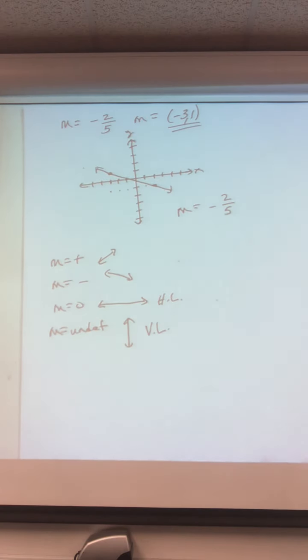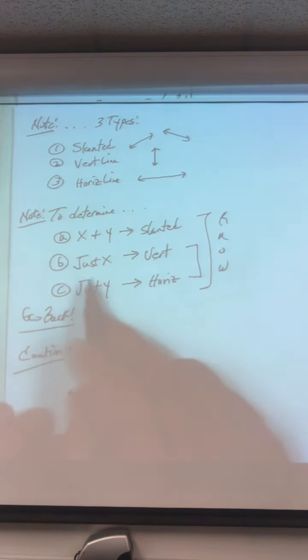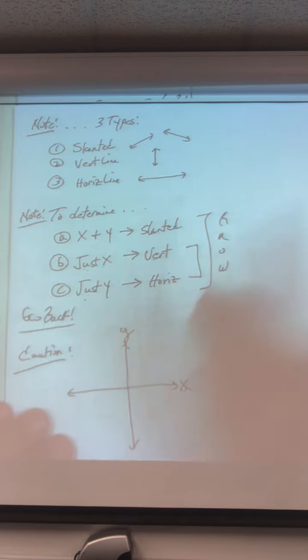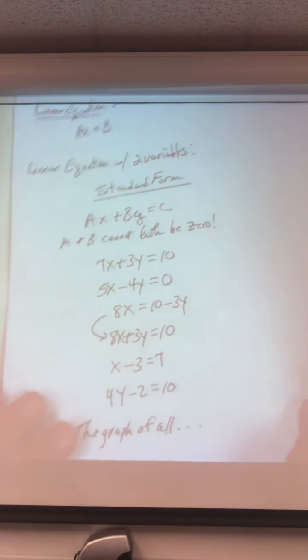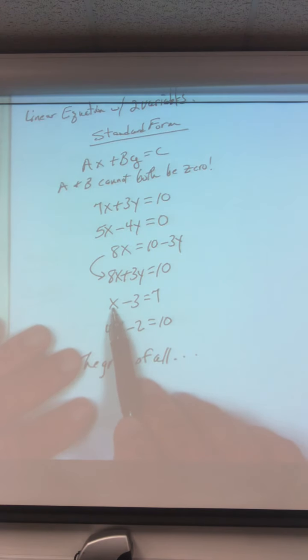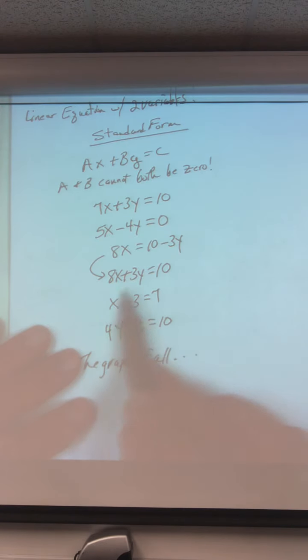Now let me tie something else in here, just to remind you. You'll see why I do this in just a minute. Remember what we also said earlier in a note was this. If an equation has just an x in it, it's vertical. Just a y, it's horizontal. All right, let me go back. So this equation right here has just an x in it. So that means it's vertical. So that also means this equation has an undefined slope.